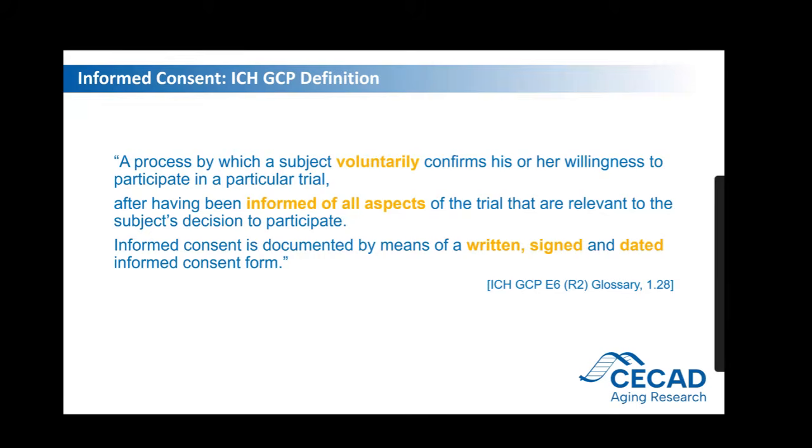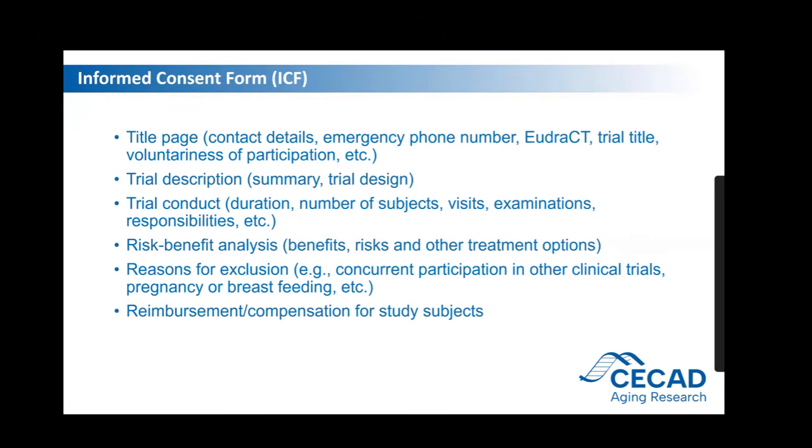So going in more detail for the first part, which is the information part of this whole informed consent document. This is made up of basically everything there is to know for the potential subject. Of course, you will start with some contact details and emergency contact details, and that the participation in this trial is always voluntary.